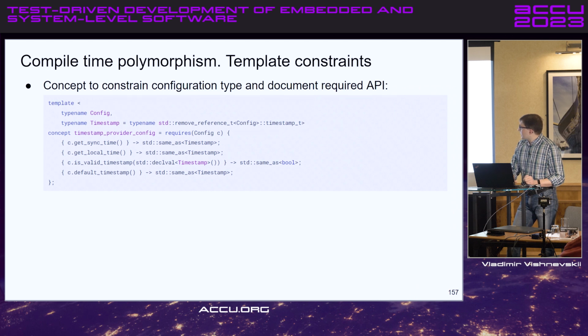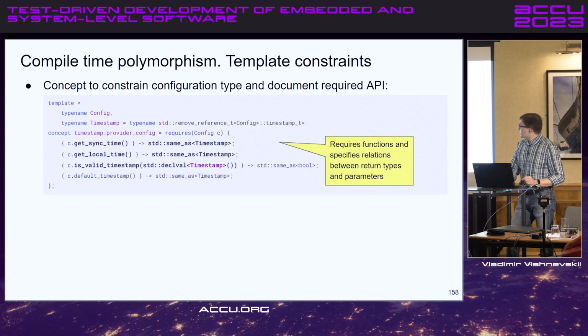There is also an interesting C++20 feature: we can constrain the required configuration type using a concept. So we can specify that our configuration needs to have functions that are returning timestamp.